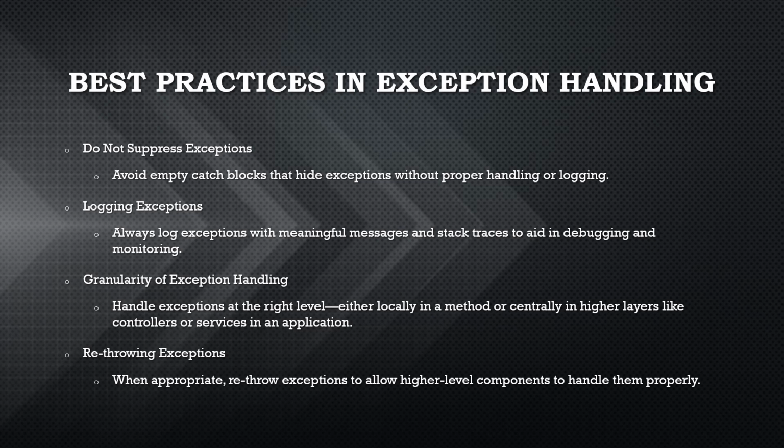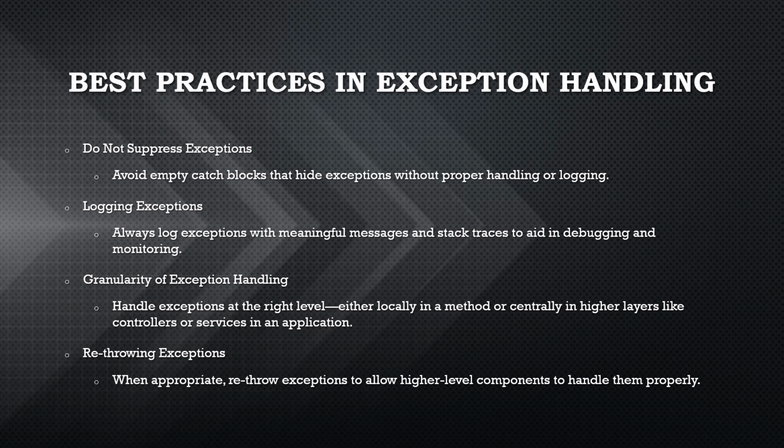Best practices in exception handling are crucial for building robust applications. First, avoid suppressing exceptions with empty catch blocks, as this can hide important errors and make debugging difficult. Instead, always log exceptions with meaningful messages and stack trace to provide context for debugging and monitoring. It's also important to manage the granularity of exception handling.